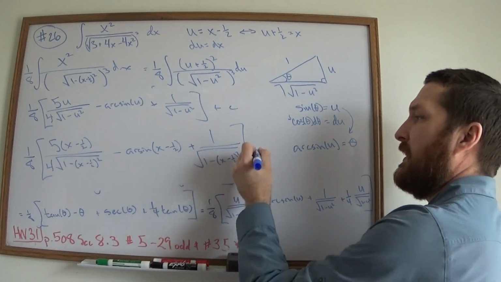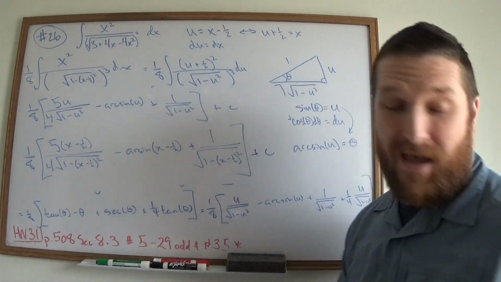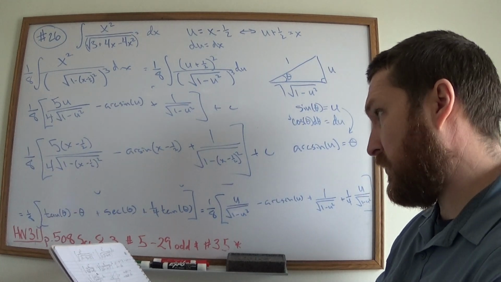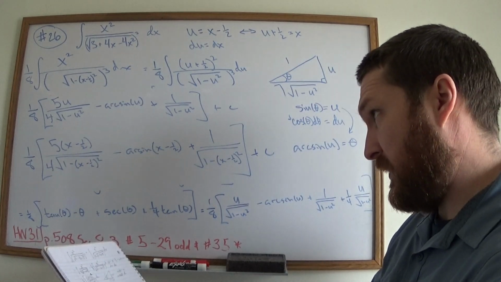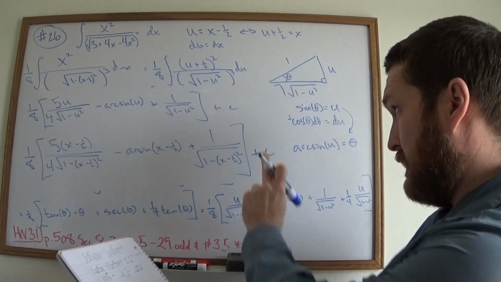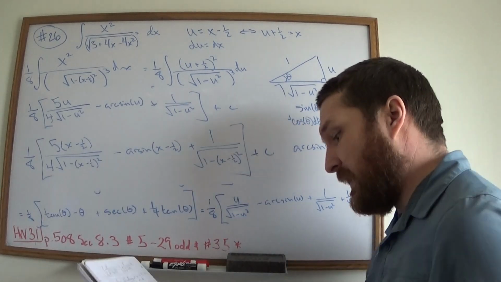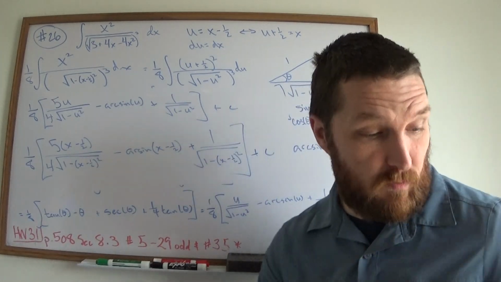It's all multiplied by an eighth plus a constant. And that should be, let me double check here. Yes, that stuff there, plus a constant. And believe it or not, I checked it in Wolfram Alpha.